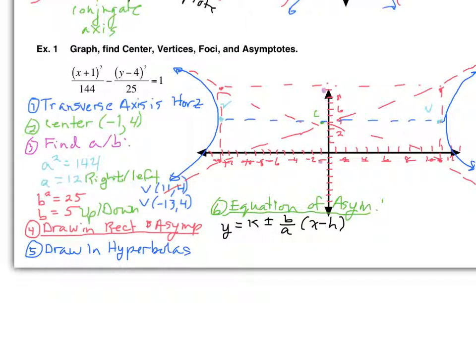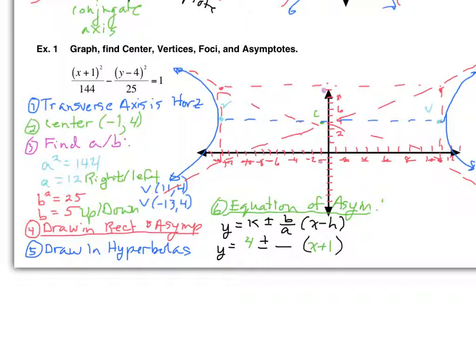And so we're just going to fill in what we know. Y equals plus or minus here. And so we know k from our center is 4. And then to find your x value, just look at what is inside the parentheses for the x binomial and put that in the parentheses here. And so we have x plus 1 in the original equation, so the x plus 1 goes there.